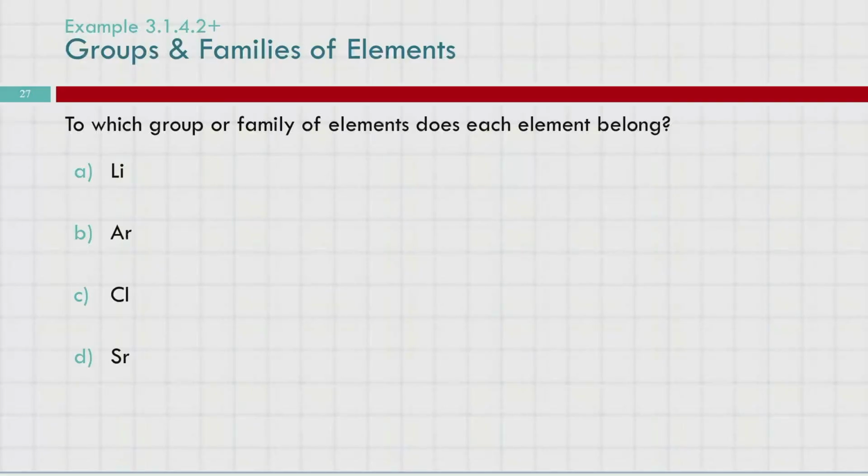All right, let's hunt down where these elements belong. Li is lithium, and it's way over here on the far left. What's the name for that group? Alkaline? Yeah, it's our alkali metals, aka group 1 or 1A.